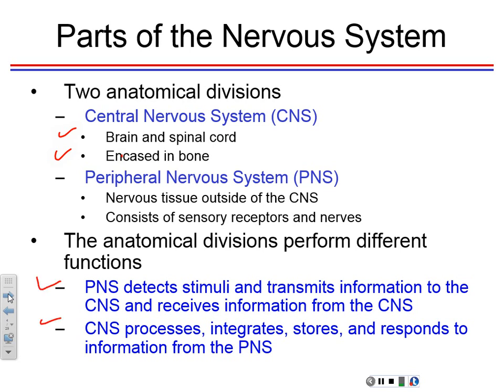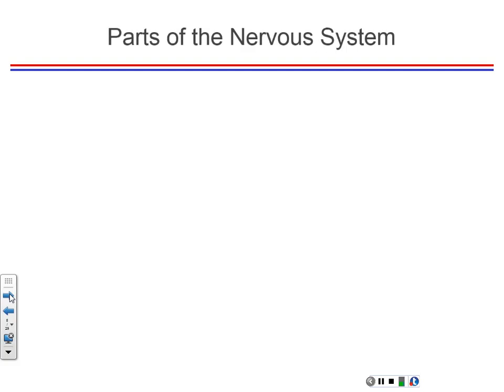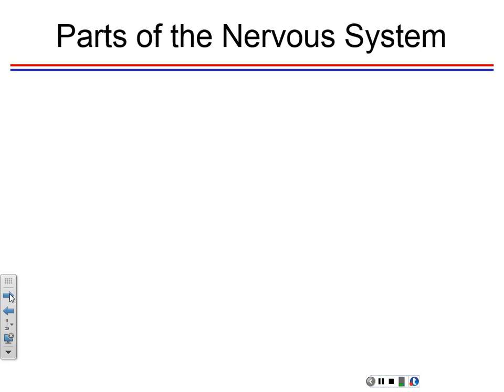Okay. So the peripheral nervous system, because of the receptors and the nerve endings, detects stimuli in the environment, and it will send it to the central nervous system for processing. So the central nervous system will integrate it, make sense of it, and perceive the information, and then act upon it or not. Because it is not all the time that the brain, the central nervous system, has to respond when it gets stimuli.